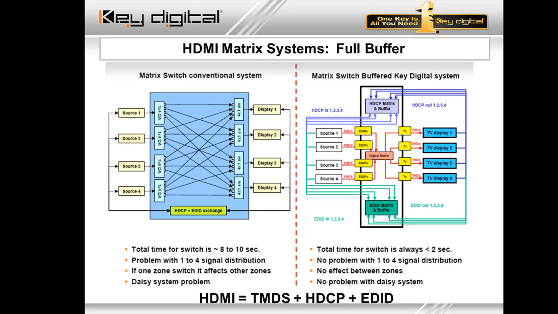It doesn't have to constantly adjust and adapt based on X amount of displays viewing it, which is a variable number, as you guys know. So as a result, our switching time is exactly how long that display takes to switch from its own HDMI input 1 to HDMI input 2 with our full buffer products, Hercules series and Digital IQ.